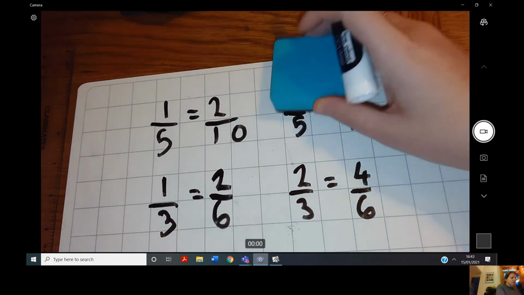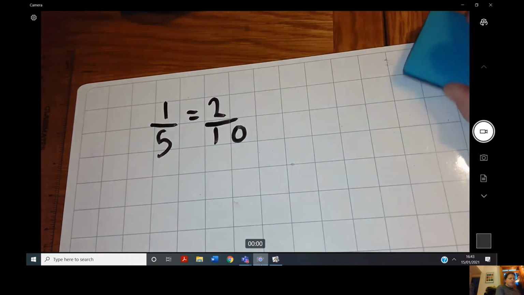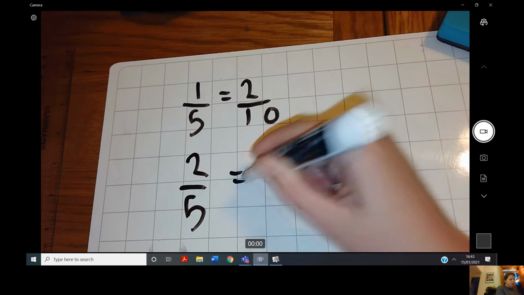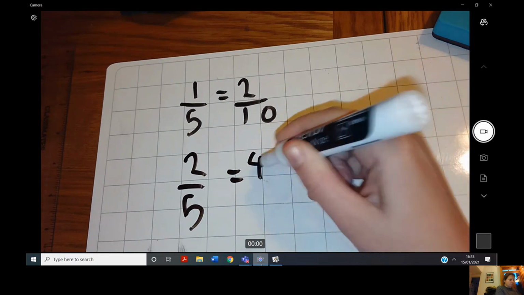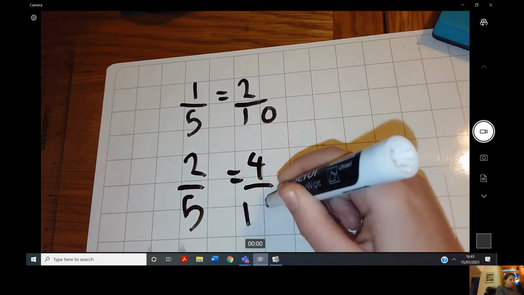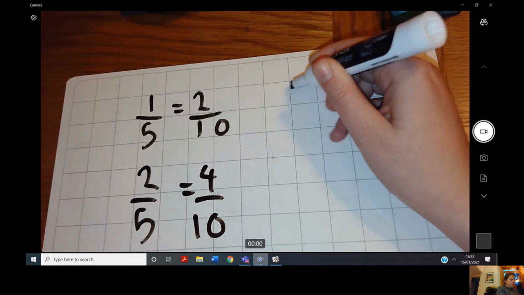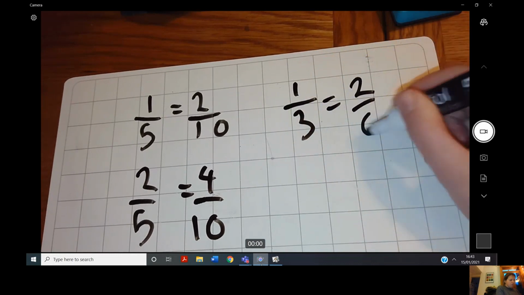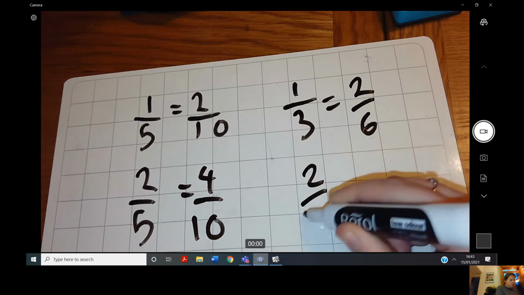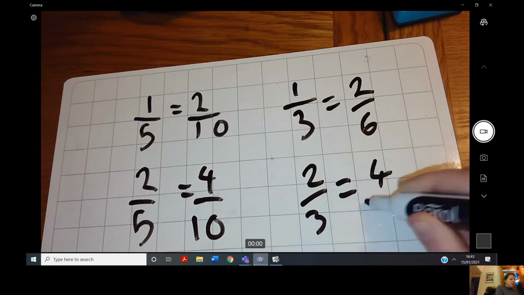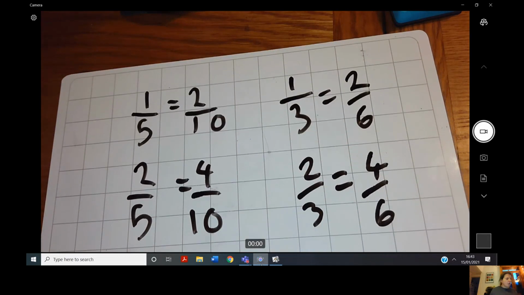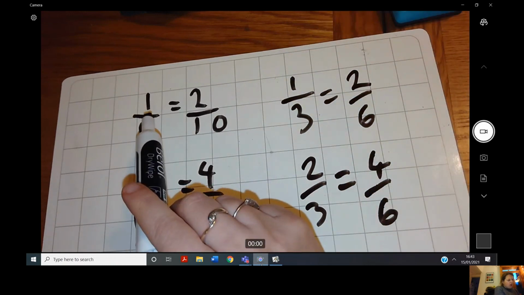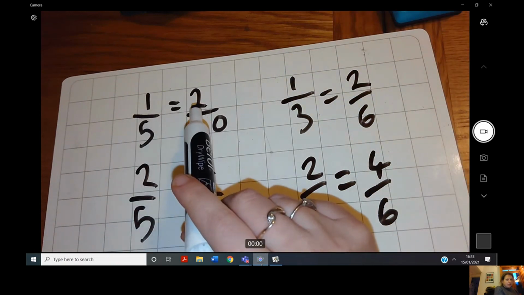Actually, let's just look at this one first of all. Shows it a bit clearer this way. Obviously, we will always check our knowledge on our fraction wall. What do you need to do to 1 to get 2?